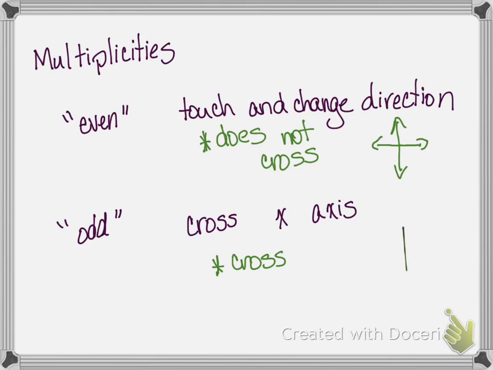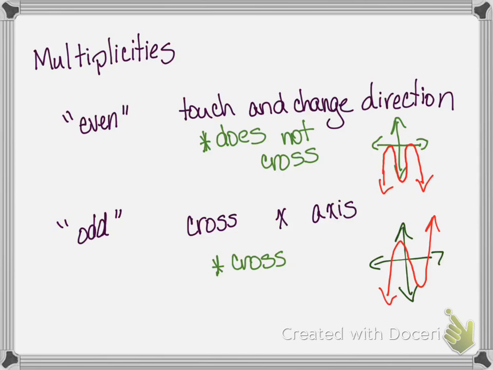Let me go back. It doesn't matter if it's to the 3rd or to the 5th or just to the 1st. If I've got an odd multiplicity, it's going to cross. If I've got an even multiplicity, it's going to touch it and change direction. So let's look at exactly what that means.